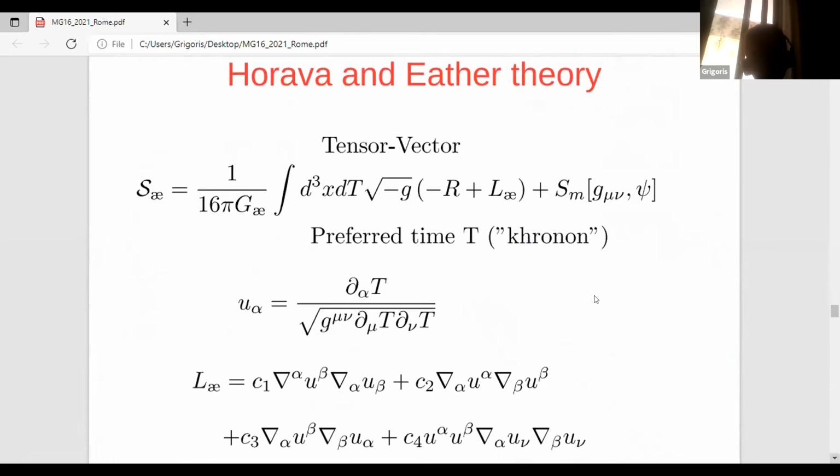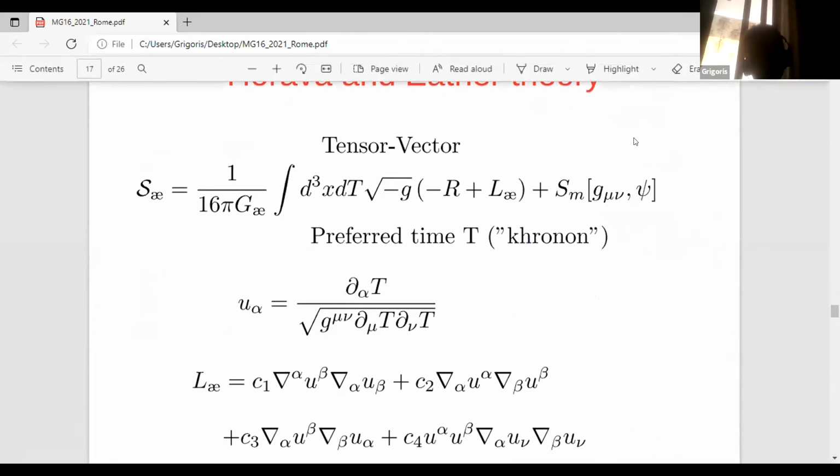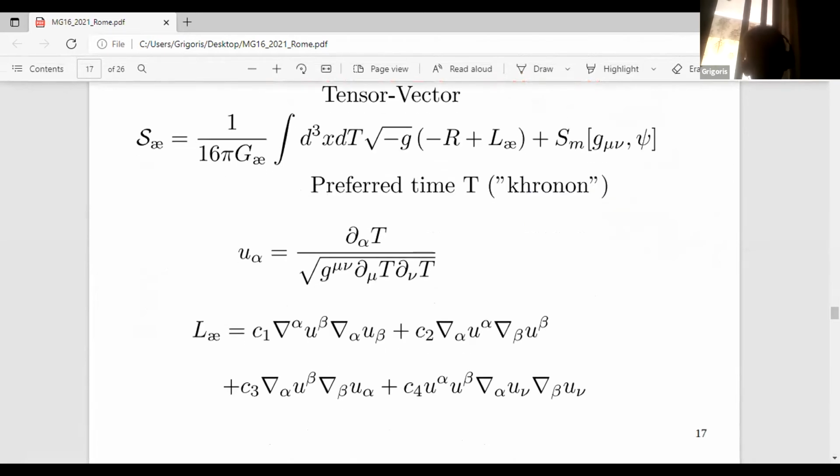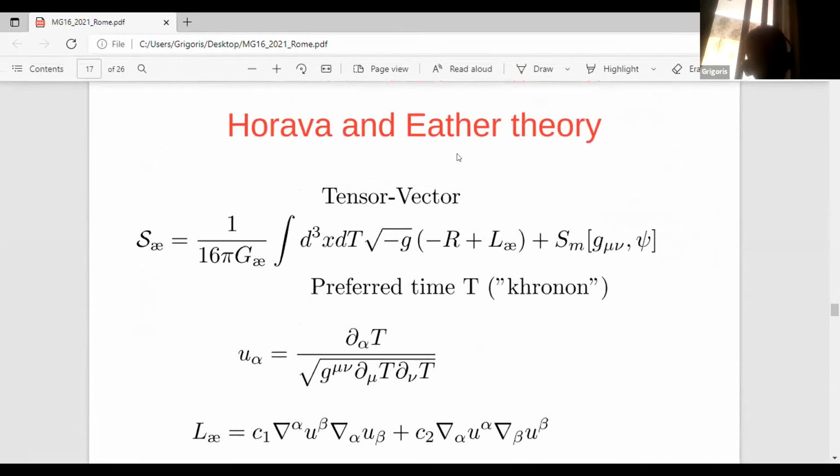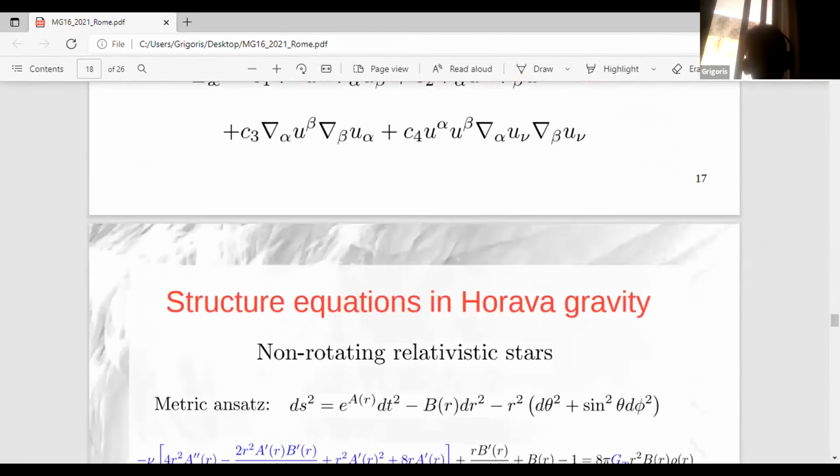And in particular here, I want to focus on Horava theory or Einstein-aether theory. At least at low energies, Horava theory is equivalent to Einstein-aether theory, and this has been shown by Jacobson.